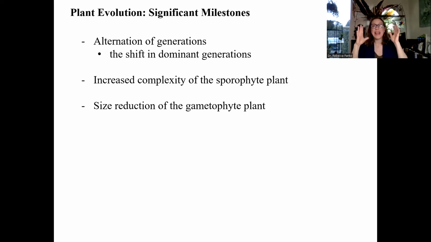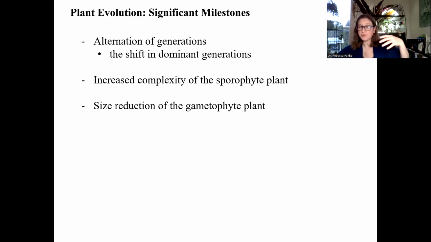Number two, increased complexity of the Sporophyte plant. We would never be able to think back to those mosses, even liverworts, and those Sporophyte plants. Those Sporophyte plants were super puny and small, right? Okay, great. I'm glad you could hear now. Those Sporophyte plants in those non-vascular plants were super puny and small, nothing that could ever have a flower on it, for example.